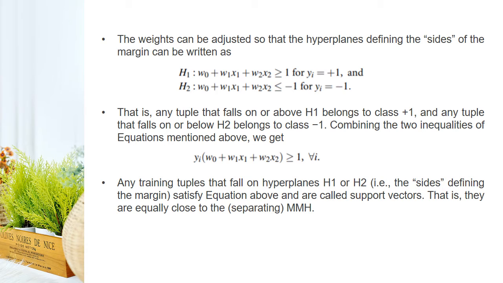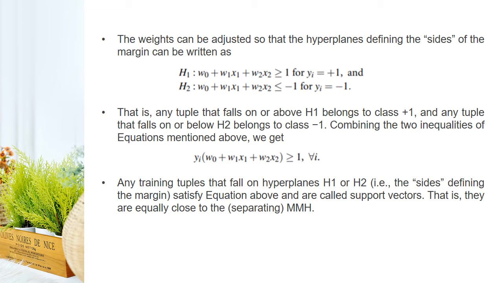That is, any tuple that falls on or above h1 belongs to class +1, and any tuple that falls on or below h2 belongs to class -1. Combining the two inequalities of the equations mentioned above, we get a common equation like this. This can be used to represent the hyperplane.